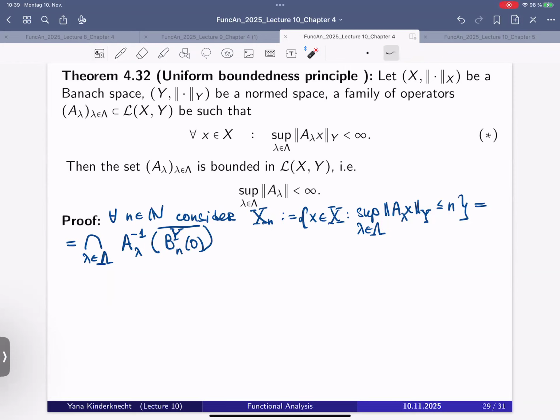If we just consider this without the supremum, this is the pre-image of a closed ball with respect to the mapping A_lambda. And now the supremum condition means that we have such an estimate for all lambdas, so we take the intersection of these sets. So everything is clear? Please continue. Yes.